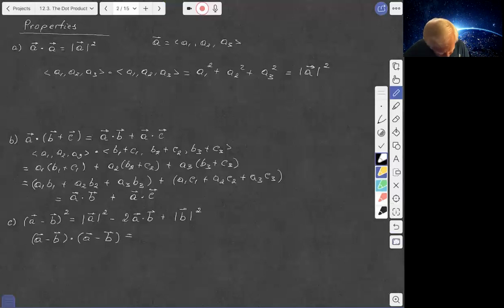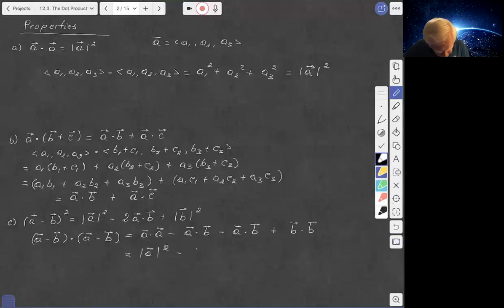Foiling these, we get A dot A minus A dot B minus A dot B, since we can always switch the order in the dot product, and then plus B dot B. A dot A is going to give you the magnitude of A squared, according to the first property.